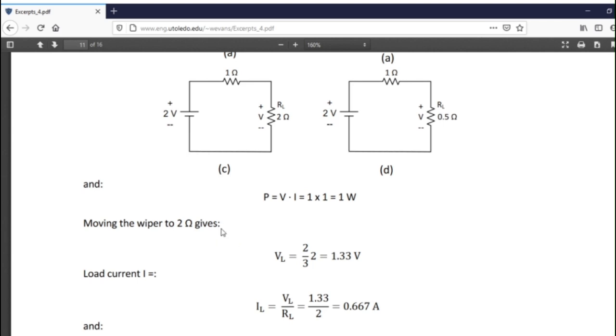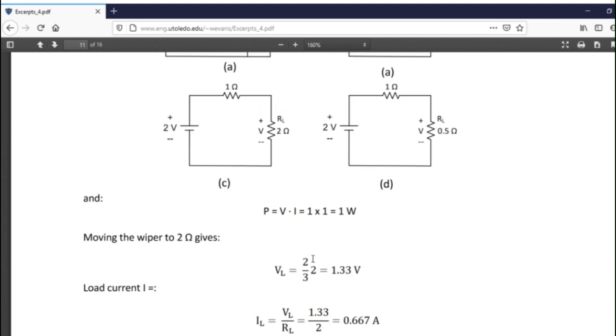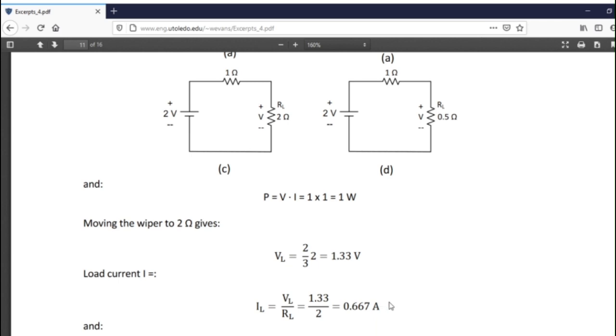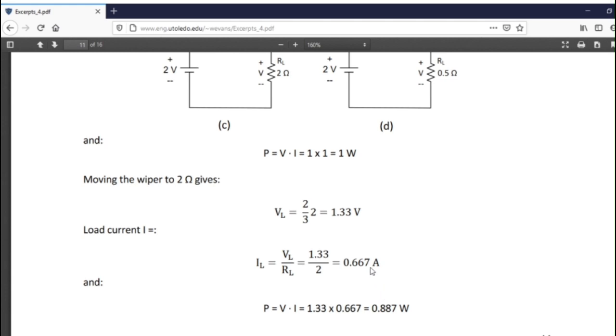Moving the wiper to 2 ohms, we get 2/3 of 2, or 1.33 volts. But look what happens to our current. Our current goes down to 0.667. So 1.33 times 0.667 gives us 0.887, which is less than 1. So if we go to 2 ohms, we're dropping a little bit, but we're certainly less than we were at the maximum.